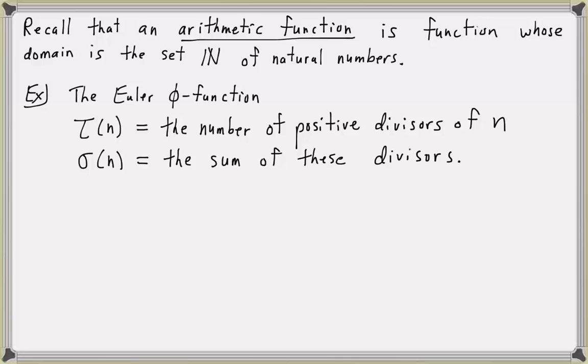We know that phi of n is the number of relatively prime integers between 1 and n to n, and tau of n will be the number of positive divisors of n, and sigma of n would represent the sum of these divisors of n.